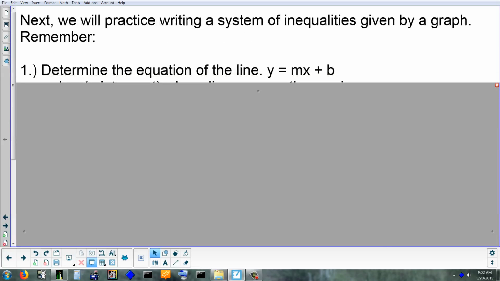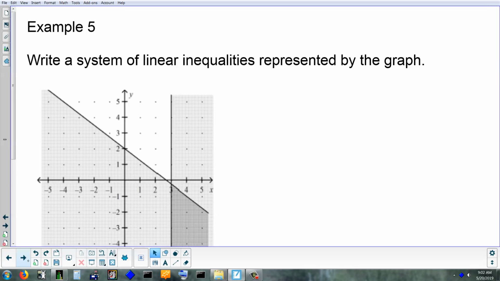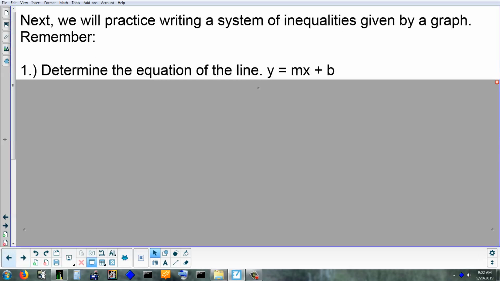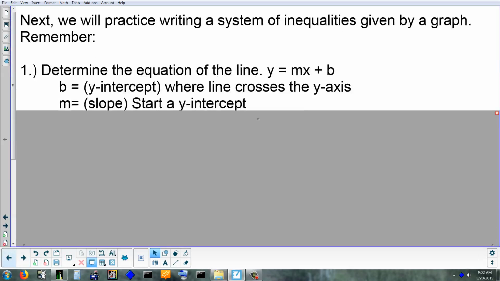So in order to do this backwards, if I give you a problem like this, and you're going to have one just like this on the test, and I'm going to ask you to tell me the equations that made this picture. First thing you have to do is find the equation of the line. Again, if you already know what B and M are, you don't have to keep writing them.